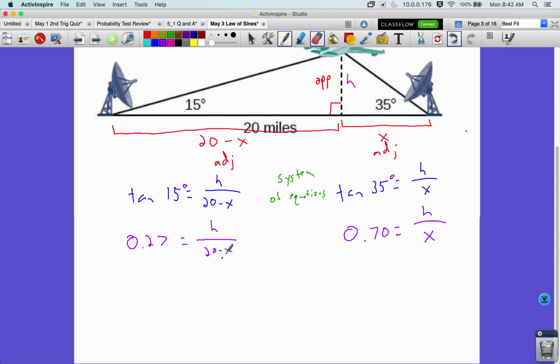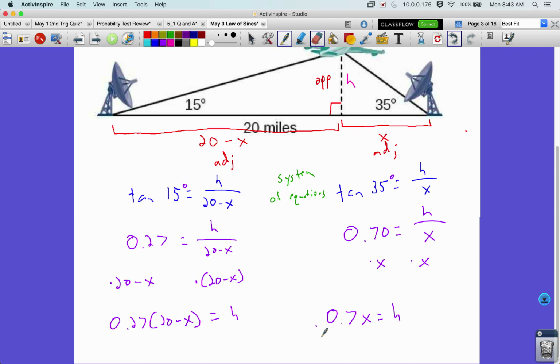Let's go ahead and get rid of this fraction by multiplying both sides by 20 minus x. So we get 0.27 times 20 minus x equals h, and I'll multiply x to both sides of this one. We get 0.7x equals h.